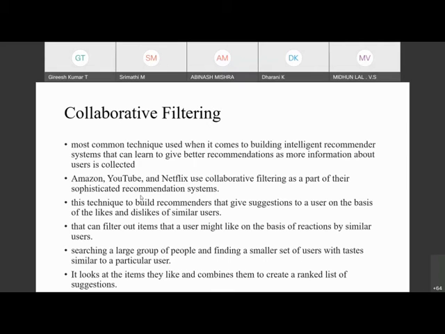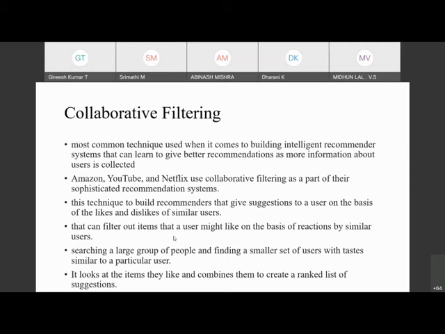Other people they can avoid. This is what they are performing.